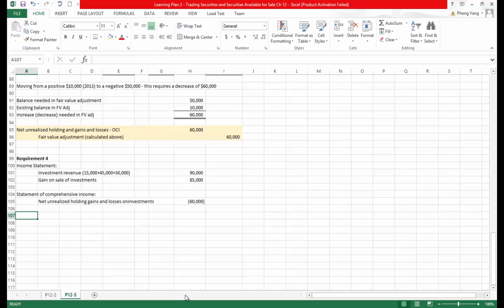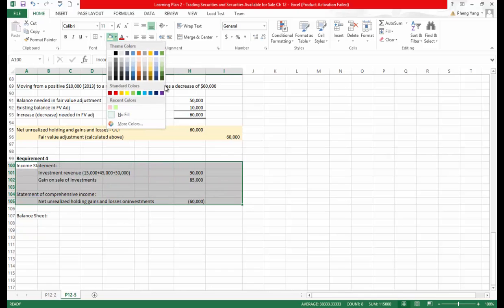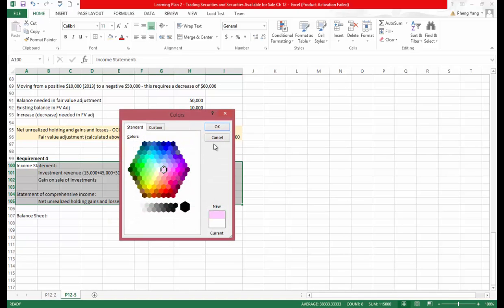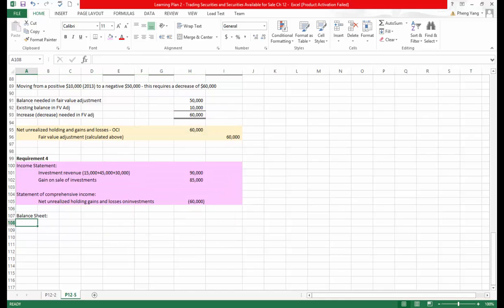All right. That's all for the income statement. In the balance sheet, let me just highlight this. Okay. In the balance sheet, we've got then under current assets, investment revenue receivable for that 30,000.